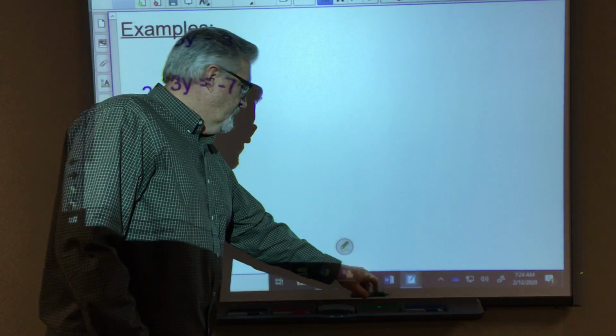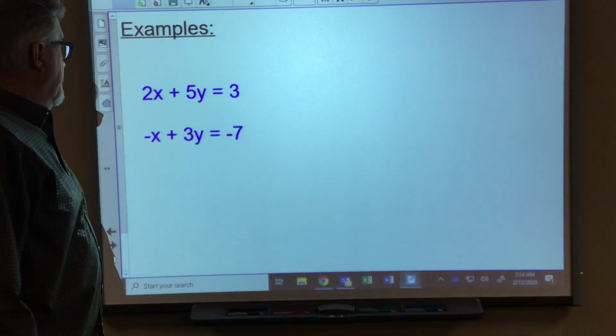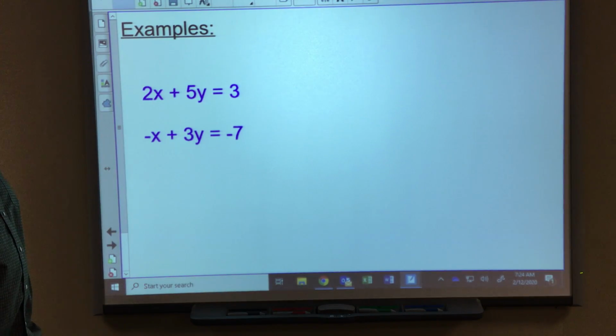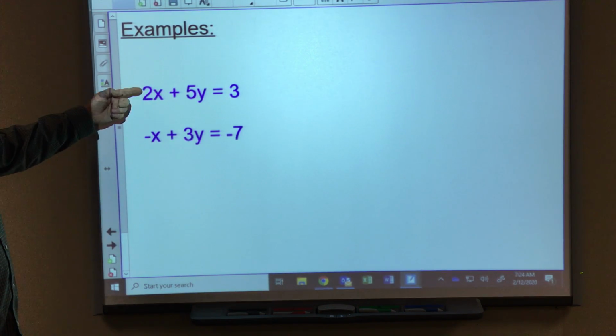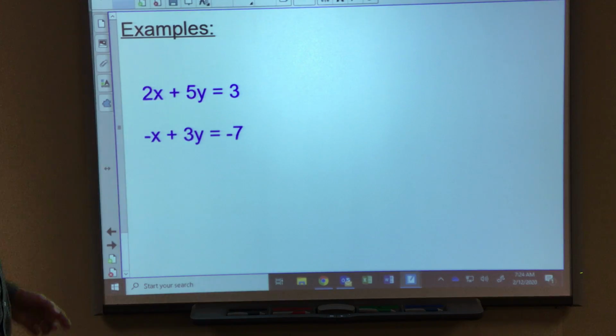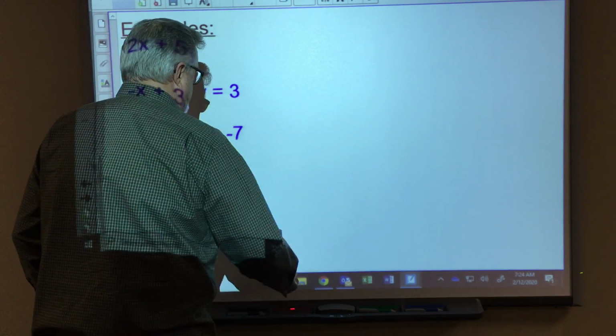Our next system is 2x plus 5y is equal to 3, and negative x plus 3y is equal to negative 7. Again, here if we multiply this bottom equation by 2, I'm going to have opposite terms.